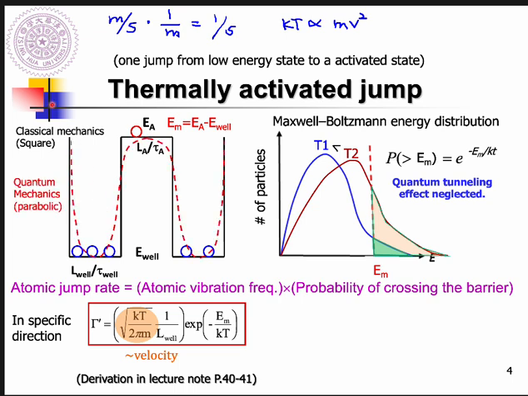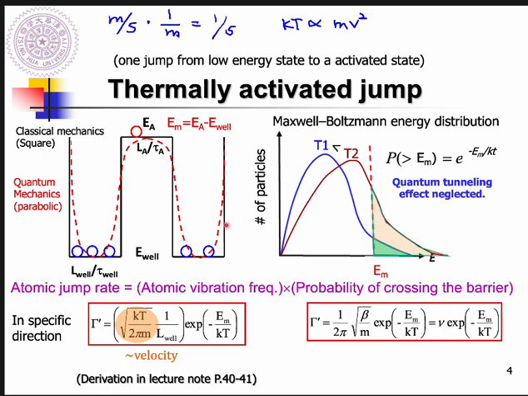So some people use quantum mechanics to modify the atomic vibration frequency, and the potential is modified as a parabolic potential well. Under these situations, the vibration frequency is rewritten like here, and this is derived from the harmonic oscillation model. By the harmonic oscillation model, you can derive the atomic vibration frequency.